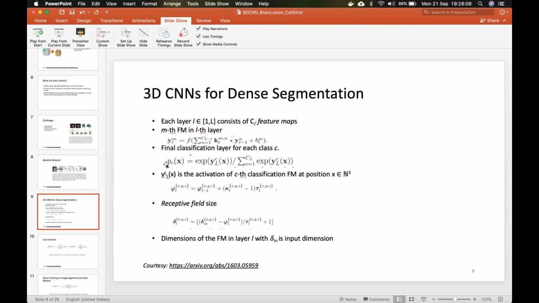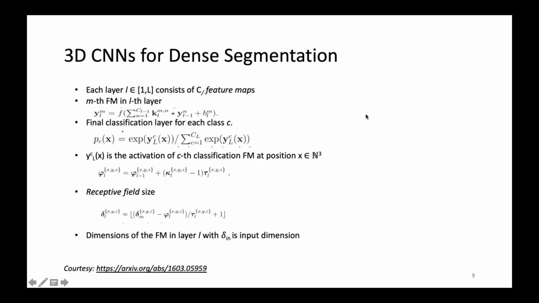So this is the probability of a particular voxel belonging to the class C. When you say voxel, it is a three-dimensional version of the pixel, am I right? Yes. So the probability classification would be for the entire image, not just a voxel?